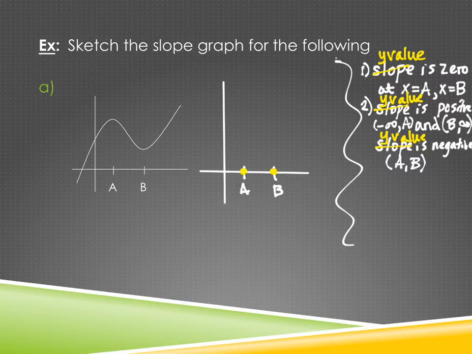Step 2 says the y value is positive from negative infinity to A. So before we get to A, the left-hand side over here, the y value is positive. Where on a graph is a y value positive? Anywhere above the x-axis. So I'm going to draw my graph above the x-axis. And I want you to notice that I crossed the y-axis.